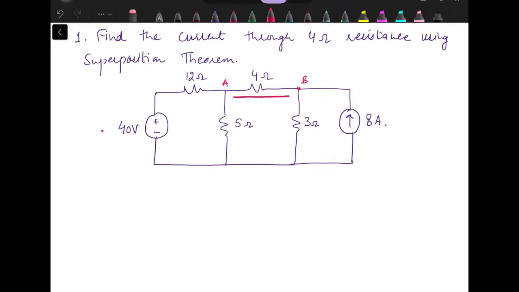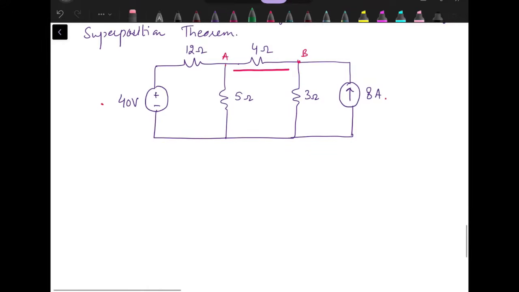So as we have two different sources, we have two different cases. Case 1, when 40 volt source is active.